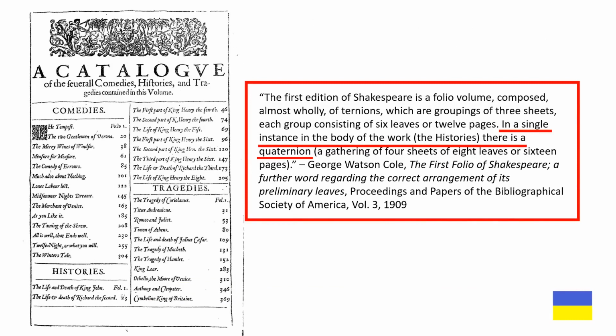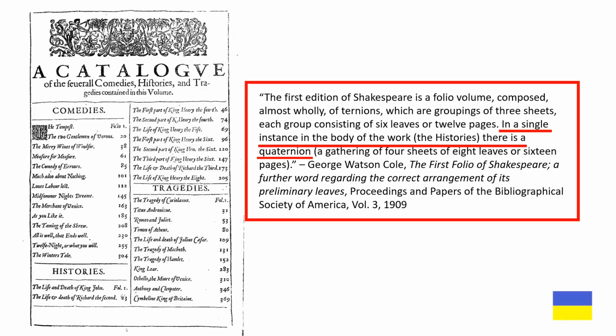Here's what George Watson Cole wrote in his essay, The First Folio of Shakespeare, a further word regarding the correct arrangement of its preliminary leaves, printed in the Proceedings and Papers of the Bibliographical Society of America, Volume 3. "The first edition of Shakespeare is a folio volume composed almost wholly of ternions, which are groupings of 3 sheets, each group consisting of 6 leaves or 12 pages.